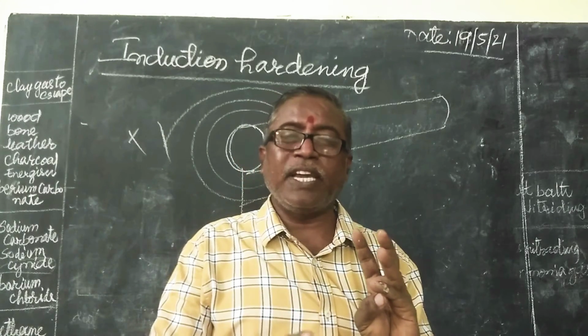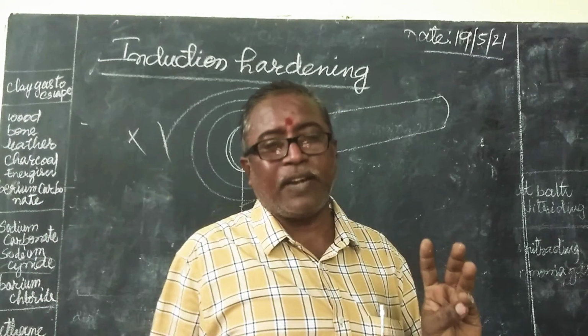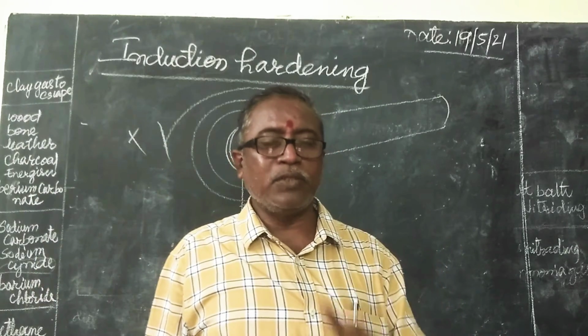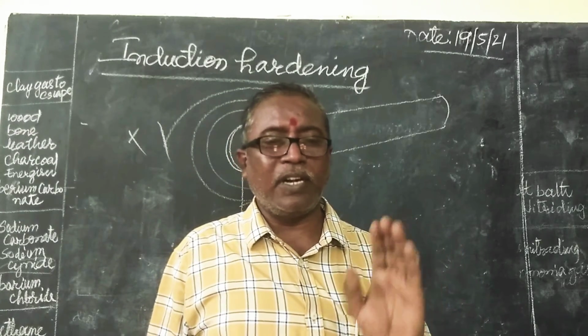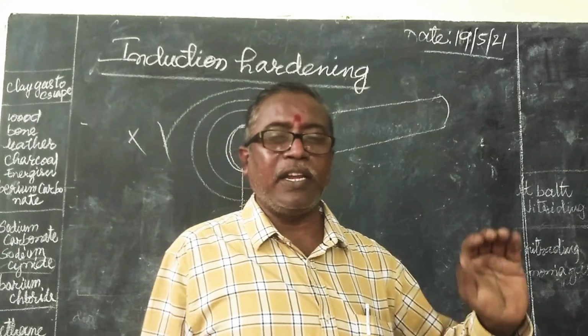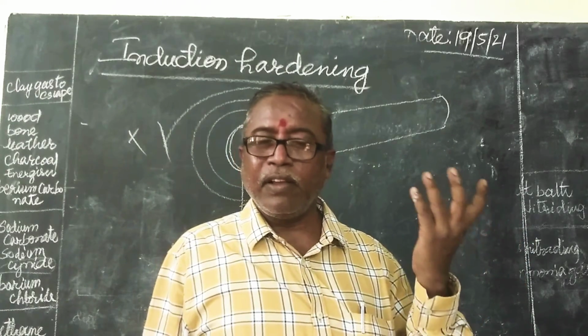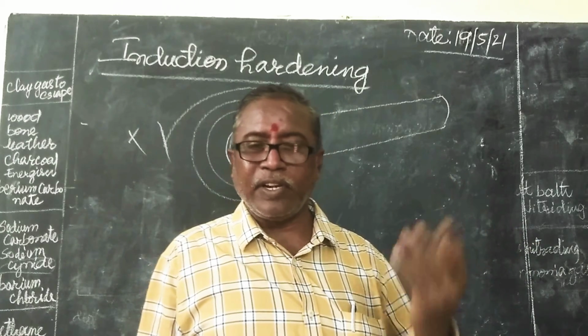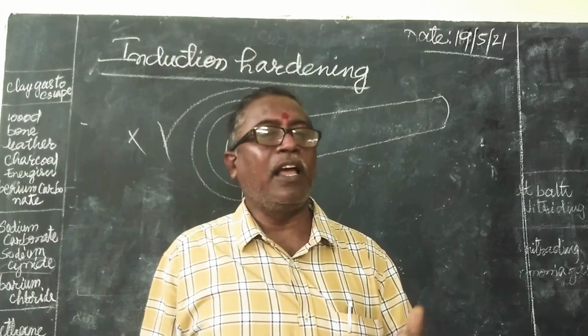In case hardening process, a number of pieces we can do at a time. This is only a single piece, only a particular place. So that is induction hardening, flame hardening, carburizing, gas carburizing, liquid carburizing, nitriding, salt bath nitriding, all.